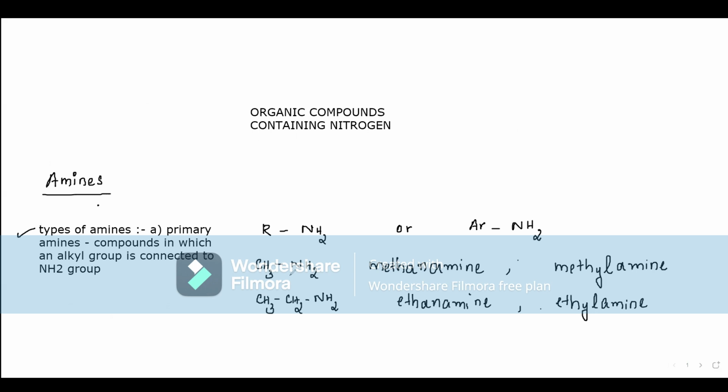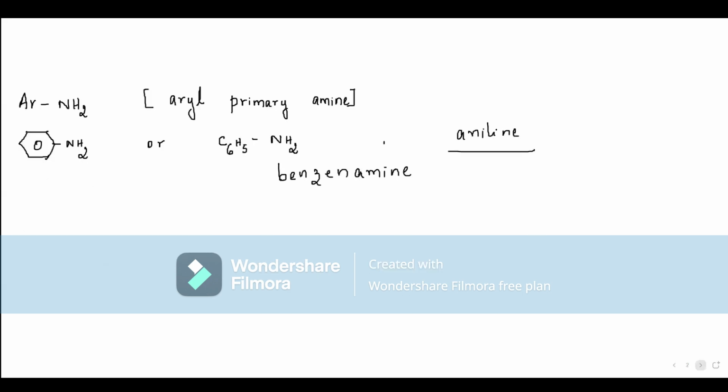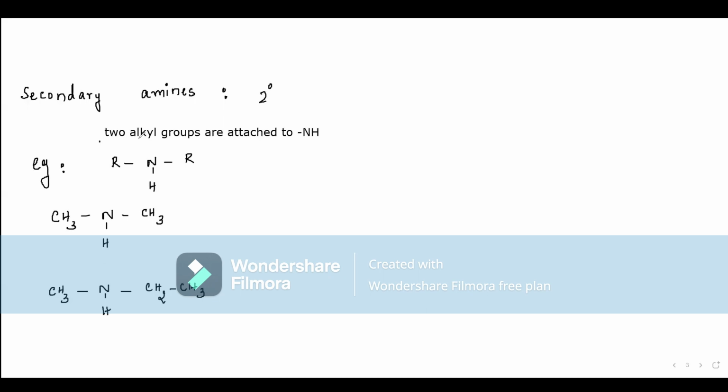Under primary amines, it was one alkyl group connected to NH2. Whereas in secondary amines, two alkyl groups are there, and these two alkyl groups are connected to NH. Now, look at the examples.